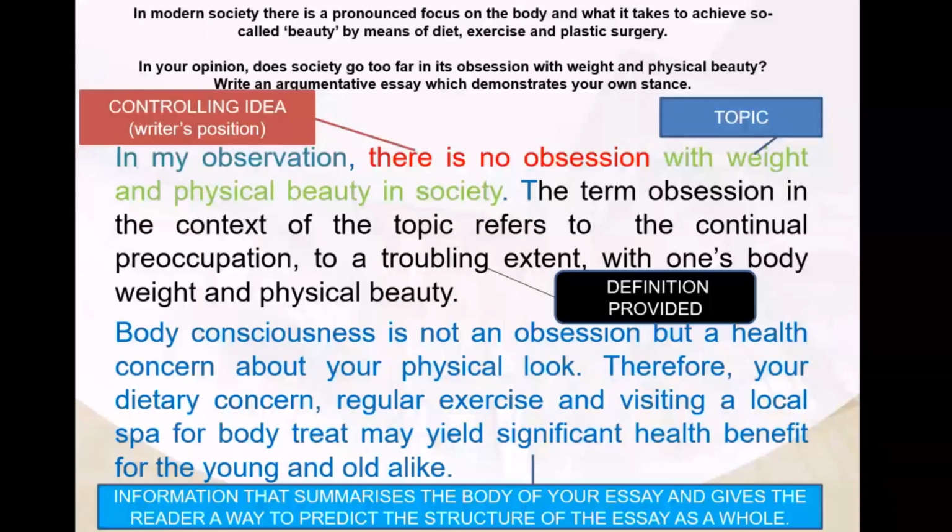He's just saying these are ways people keep healthy, and he's going to argue using those points. Diet is not obsession. Exercising is not obsession. Visiting a local spa is not an obsession. It's just to show that you are conscious of the health benefit of doing these kinds of activities. Right. That's an introduction.